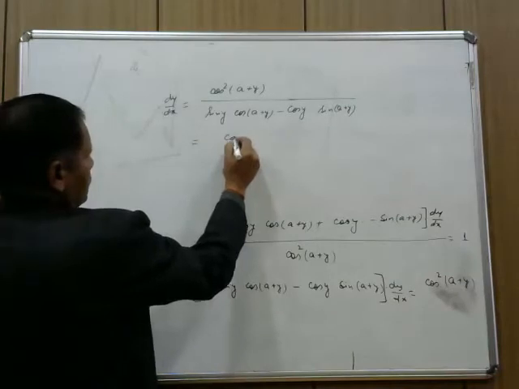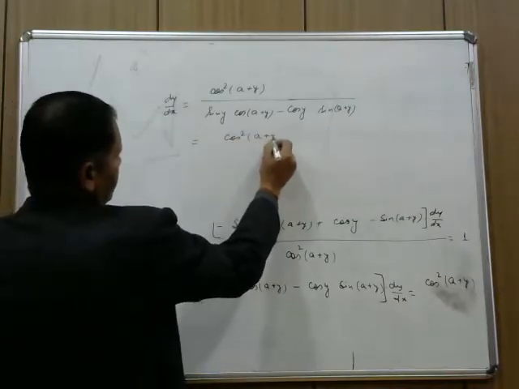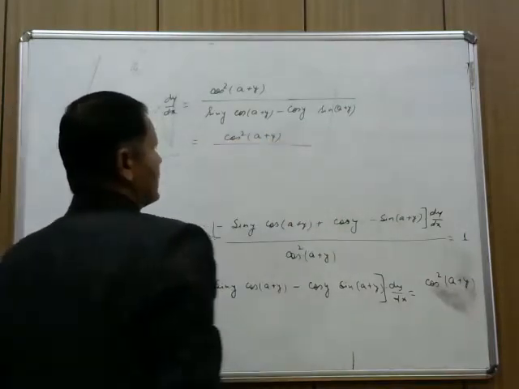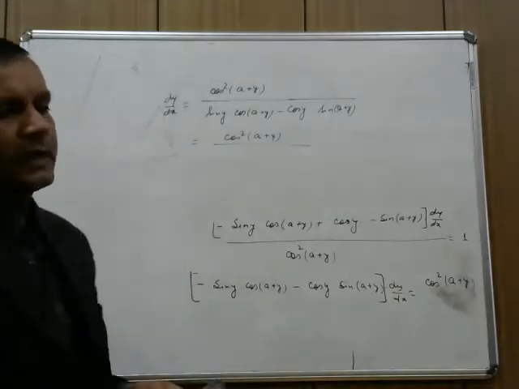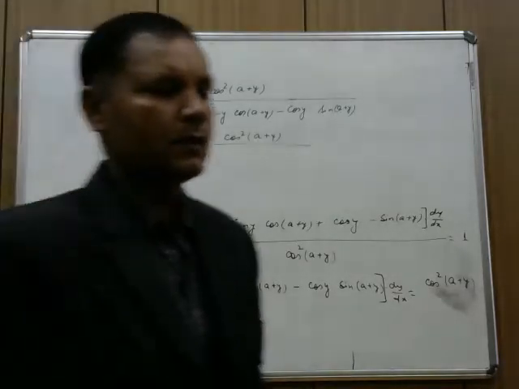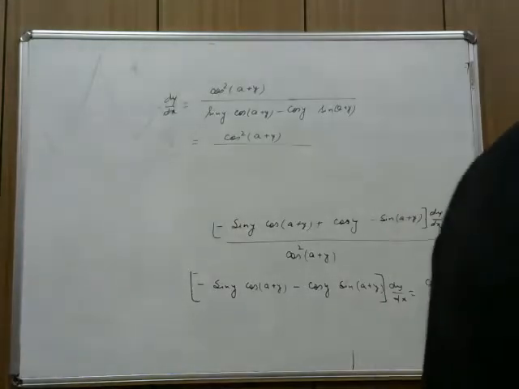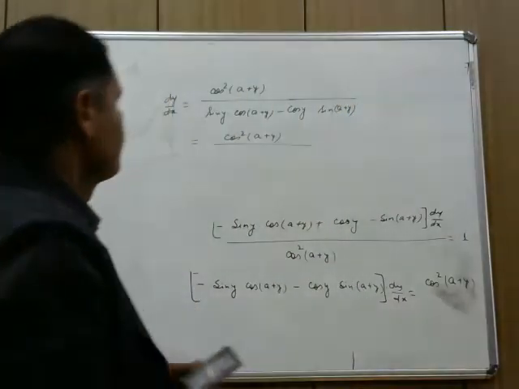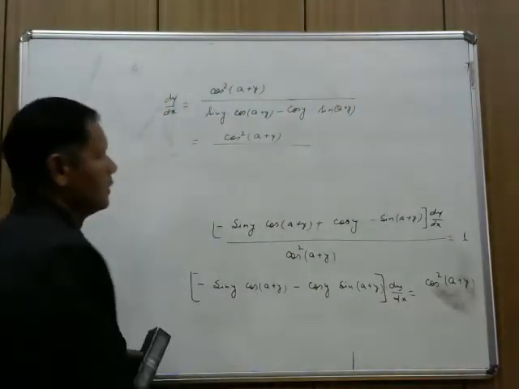This is given to what? Cos square (a plus y) whole divided by sin a into cos b minus cos a into sin b, which is sin (a minus b).